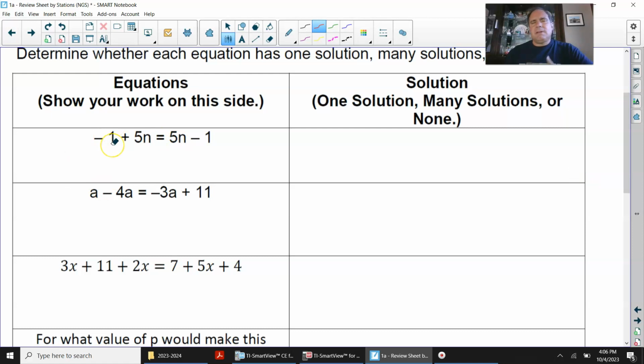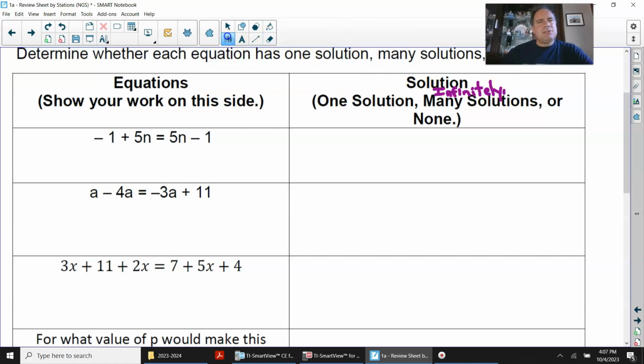So anytime, I wish everybody could just look at the equation and actually see if it's one solution, infinitely many solutions, or none. This should actually be changed to infinitely many. All right, it's infinitely, I don't know why I have the M there.